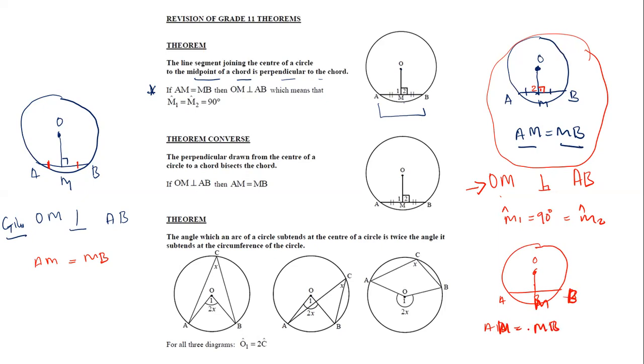So what does that mean? If you are given that AM is equal to MB, that means OM is perpendicular to AB. That means here is 90 degrees. If you are given this side is equal to that side, that means there it's 90 degrees. You see, it does the same thing. It's just that the one is the theorem and the other one is the converse. The converse is the reverse of the theorem.